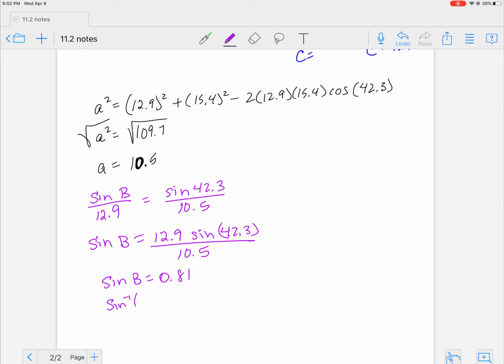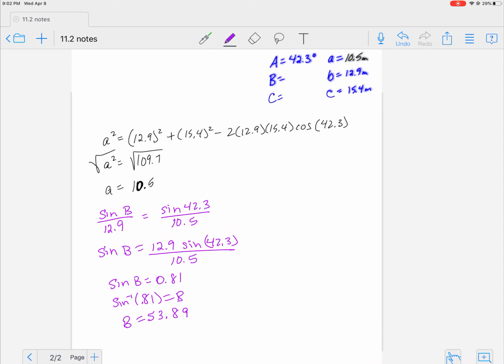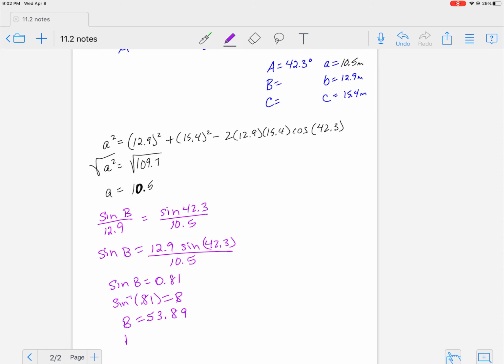So my sine of B here is equal to 0.81, which we should have expected because we know for a fact these are actual triangles. So we're good there. And then I do inverse sine of 0.81 to get my angle B.